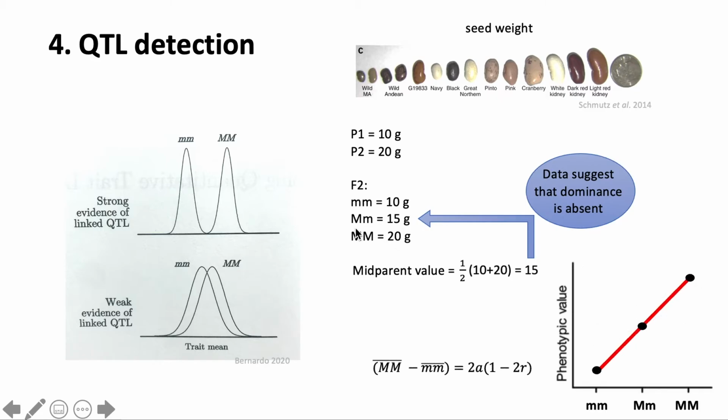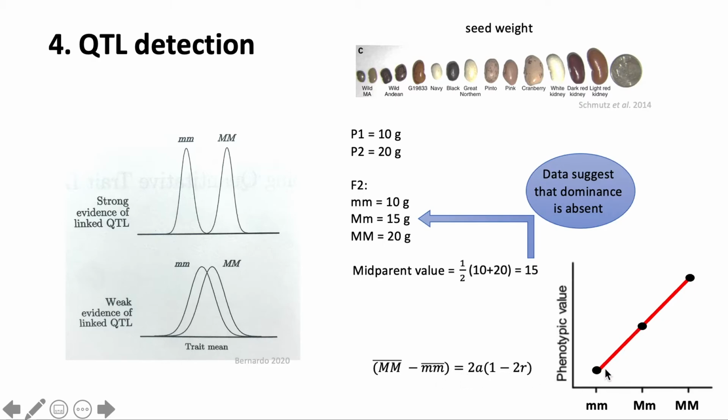So with those values we can basically estimate the difference between the lines that are homozygous for big M or little m, if we know the additive effect.